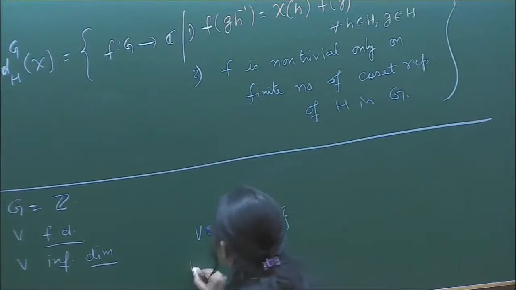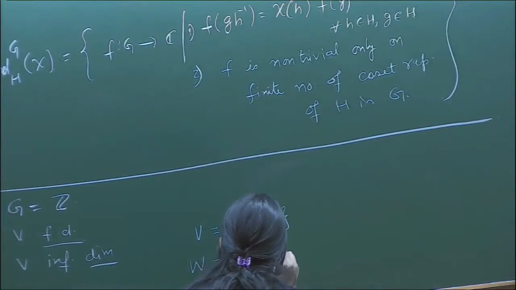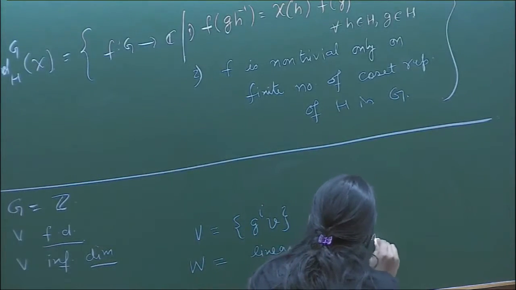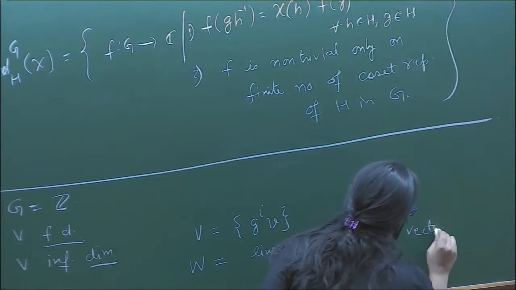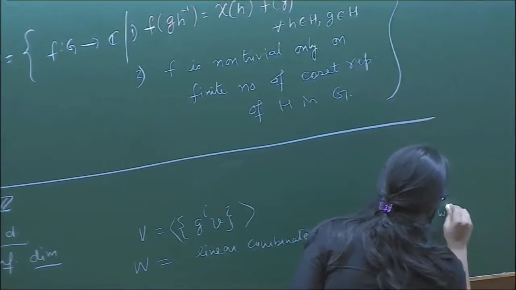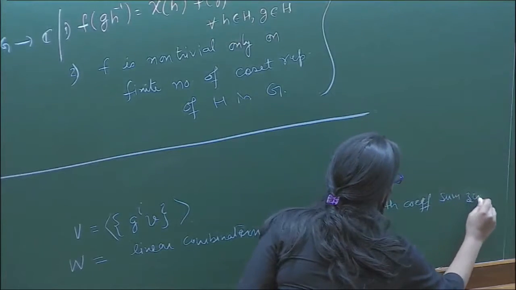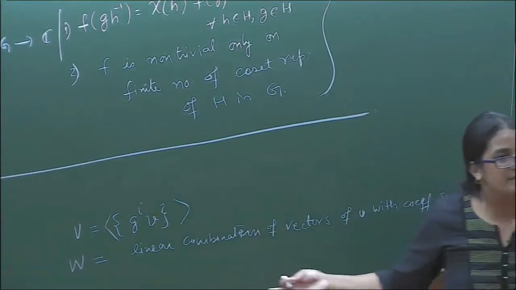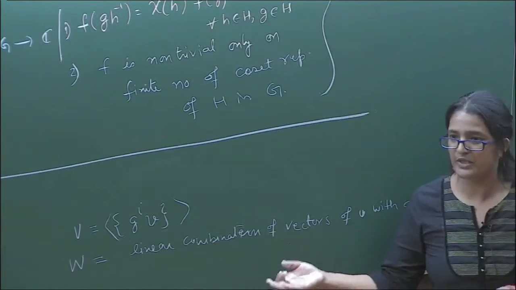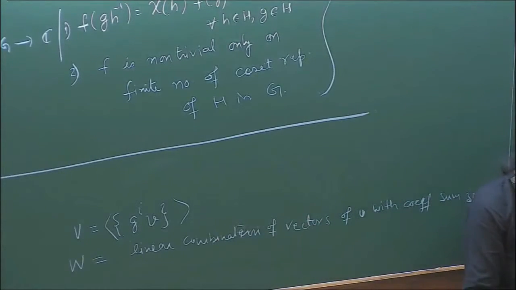Then I can look at W, the finite linear combinations of elements of V with coefficient sum 0. These properties are preserved, so these are proper subspaces, and they are G invariant. So an infinite dimensional representation cannot be an irreducible representation of Z.